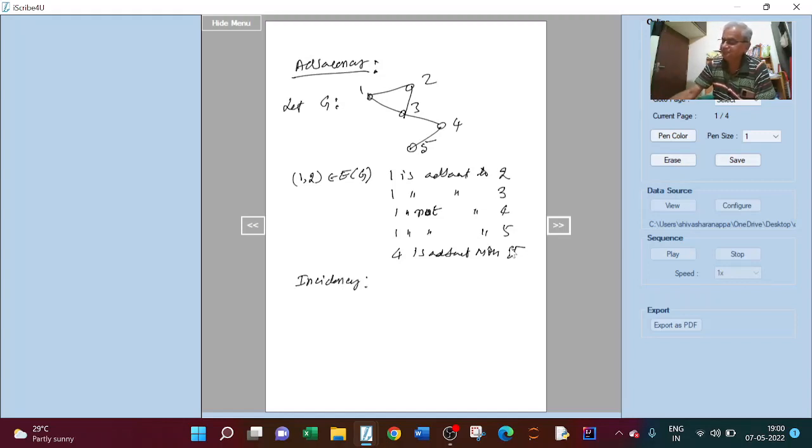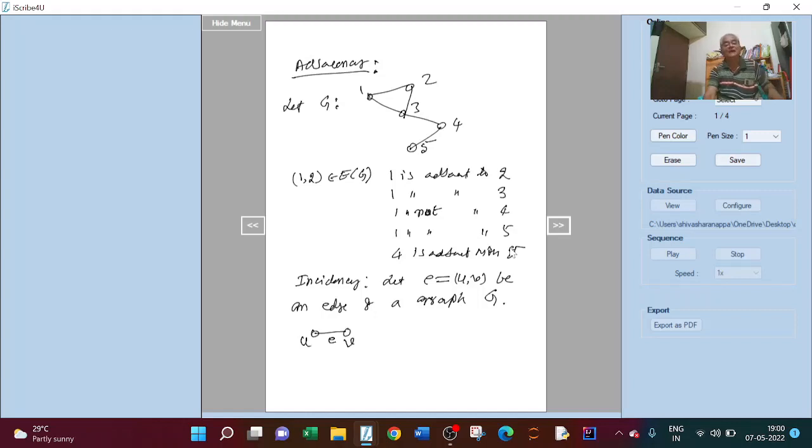Let E equal to (U, V) be an edge of a graph, say G. So here the vertex U is here, V is here, E is here.